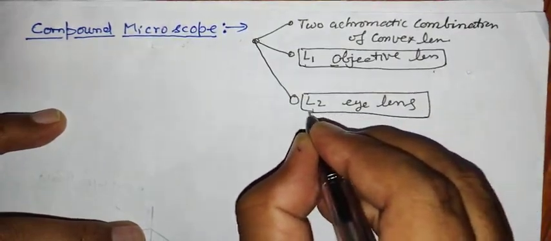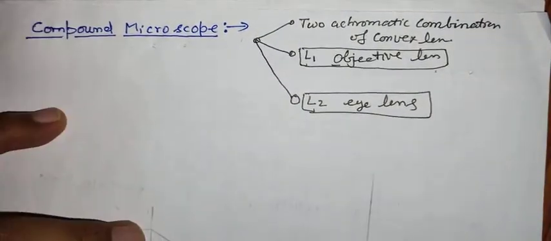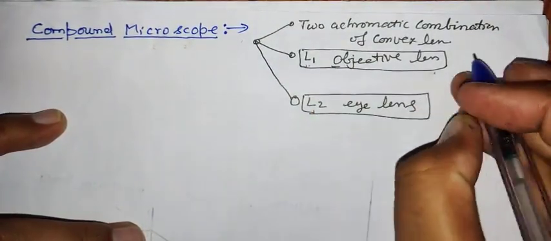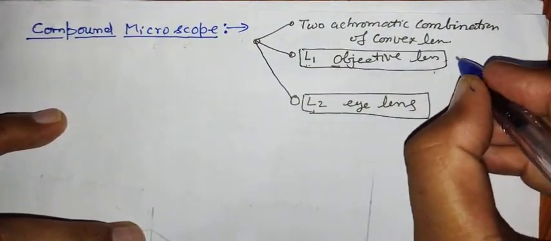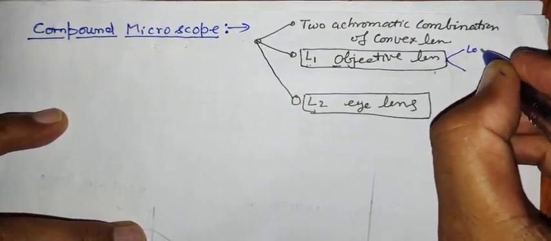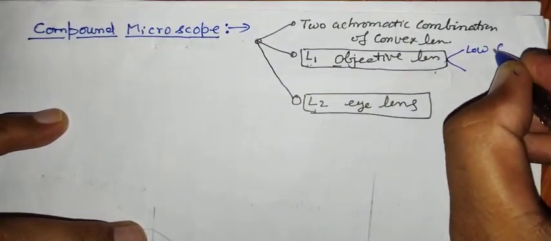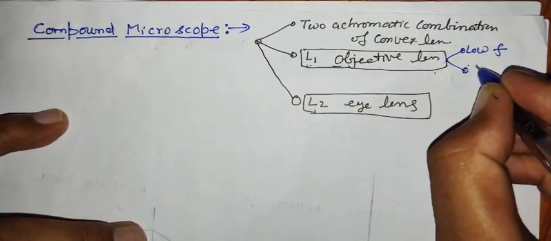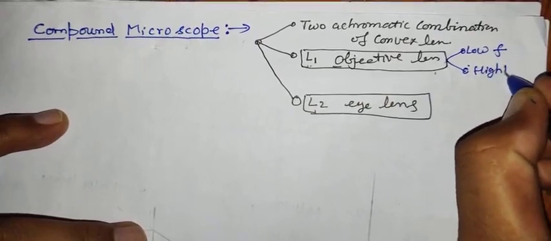In both lenses, see its characteristic. L1 is an objective lens. It is taken of low focal length. Low focal length is related with high power.